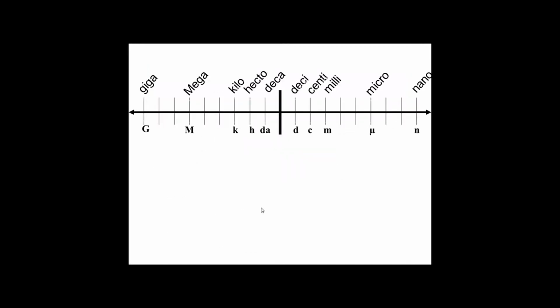This is what's known as a metric number line. And if I take a unit of measurement, such as liters, liters is what's called a base unit, where I can just use that unit of measurement to measure volume. Whenever I measure, I could measure grams, time, seconds, bytes, etc. But for this example, I'm going to use the measurement of liters.